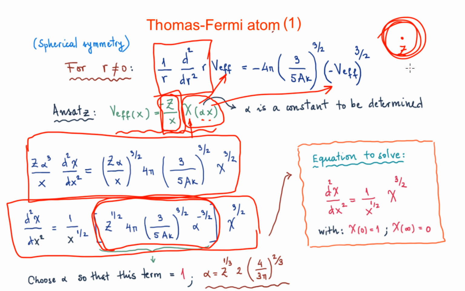So everything can be determined for the atom, which is described within the Thomas-Fermi approximation, which, as I've said before, is somehow a first kind of density functional theory. That equation here is not easy to solve, even though there are some analytical analyses. The best or easiest way to solve it is a numerical one.